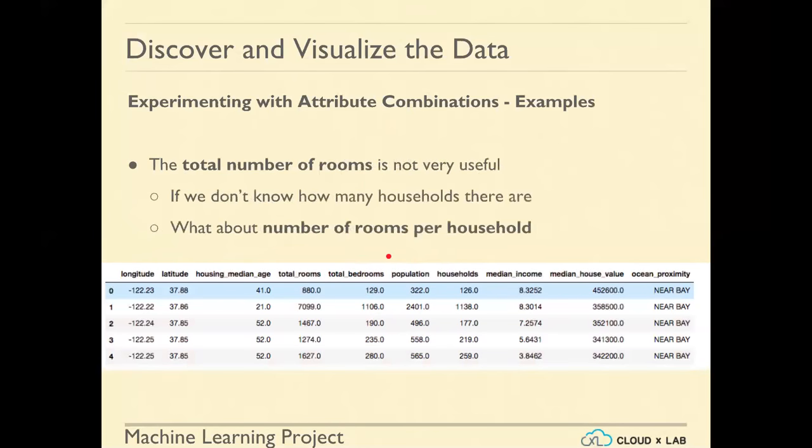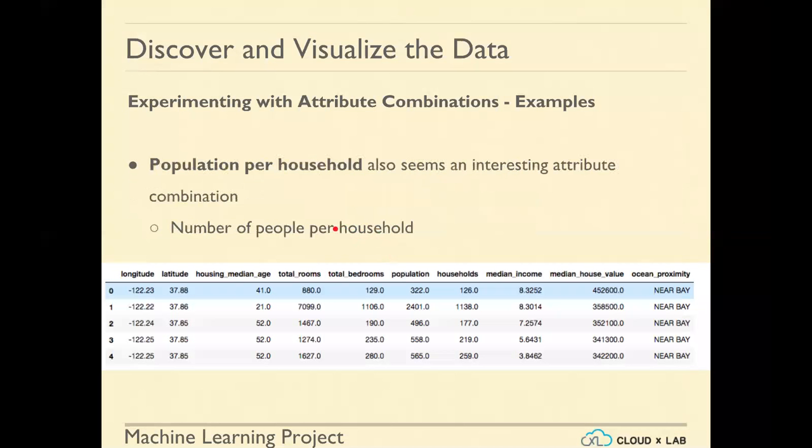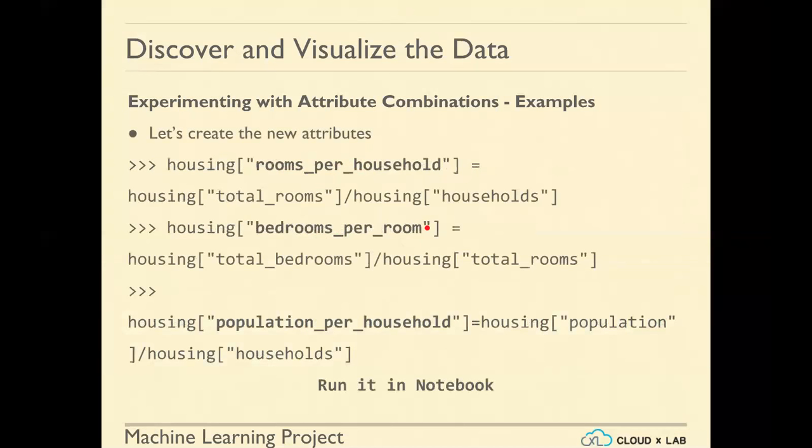Our mileage can vary from project to project, but it generally gives you good ideas. So we can add more attributes to the data, for example total number of rooms per household, number of bedrooms per room, or population per household. So we're creating these 3 columns: rooms per household, bedrooms per room, and population per household.